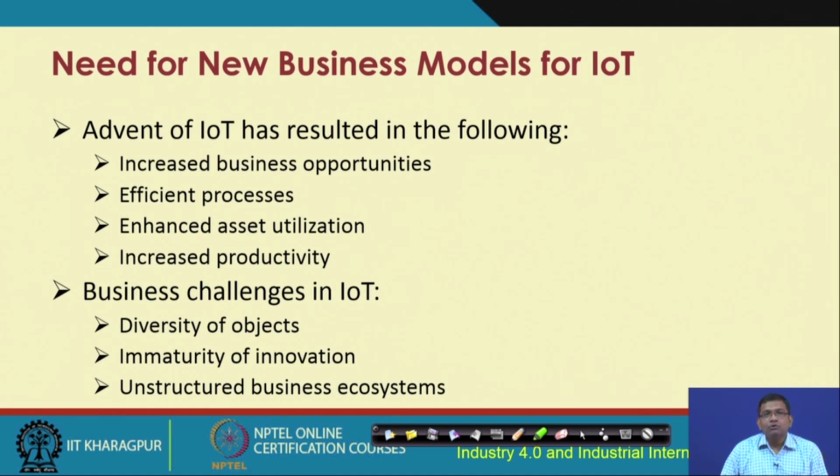And we are talking about not one business. In a true IoT world, we are talking about connecting different business segments, and these segments do not all follow a particular business model, because of which this property of unstructuredness arises in these business ecosystems.